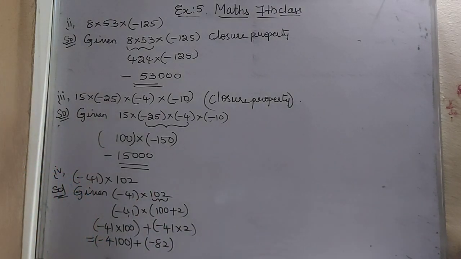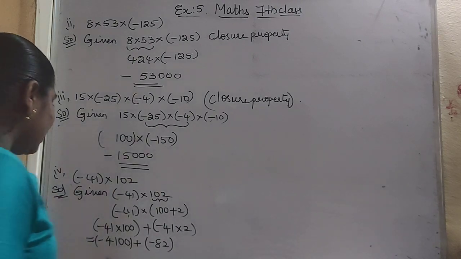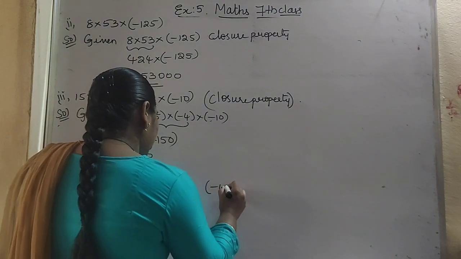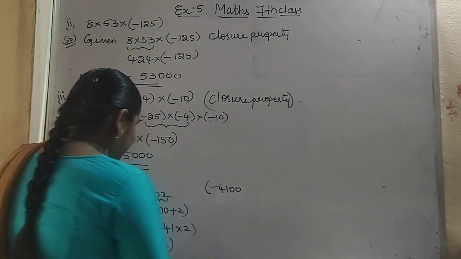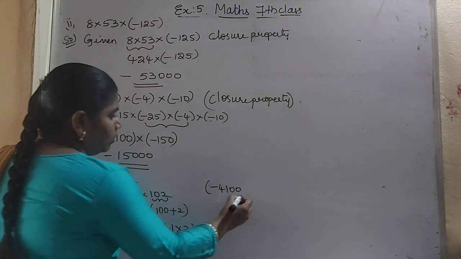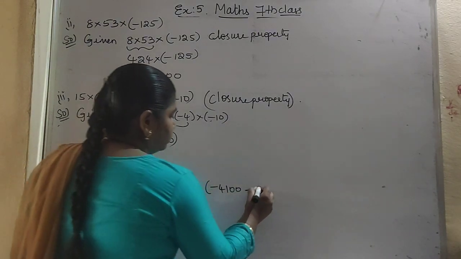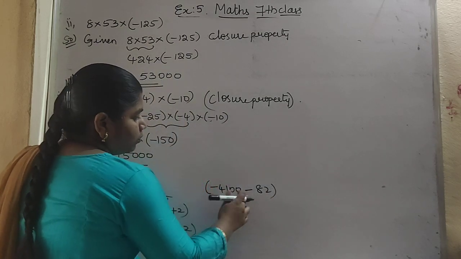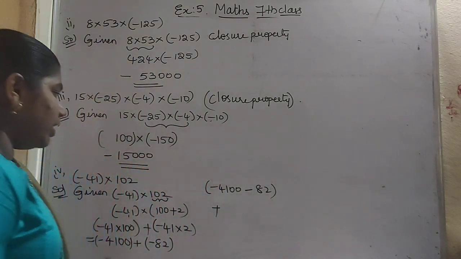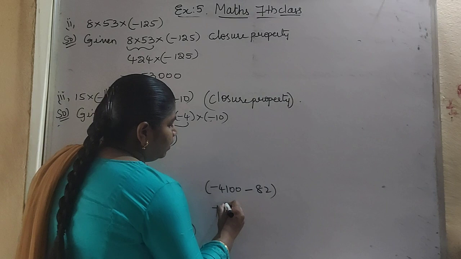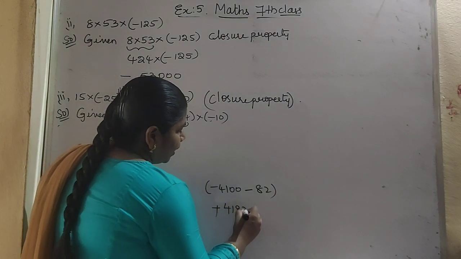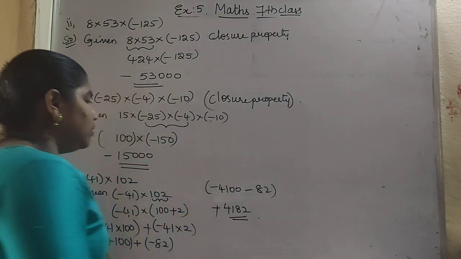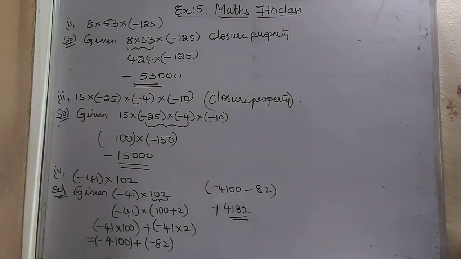Now convert this double sign into single sign. So that will be minus 4100 plus into minus, this plus into minus will be minus 82. Now minus into minus is plus. So we have to add this. That will be 4182 is our answer. So this is by using distributive property.